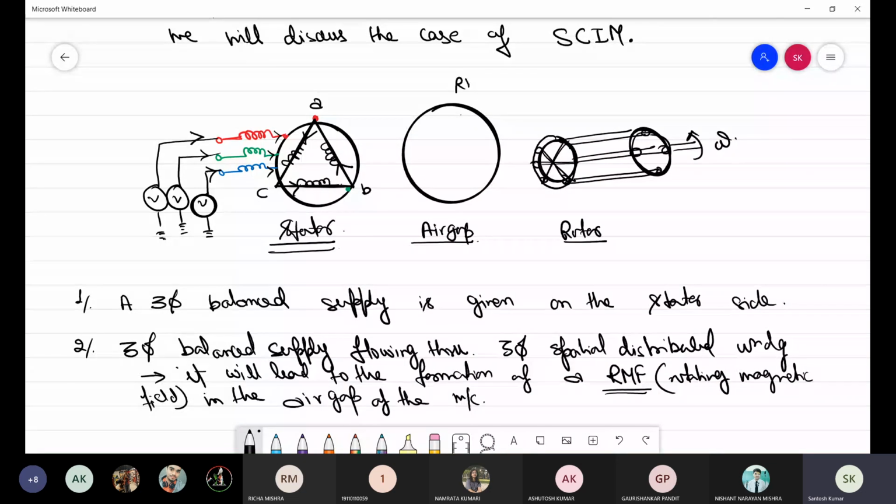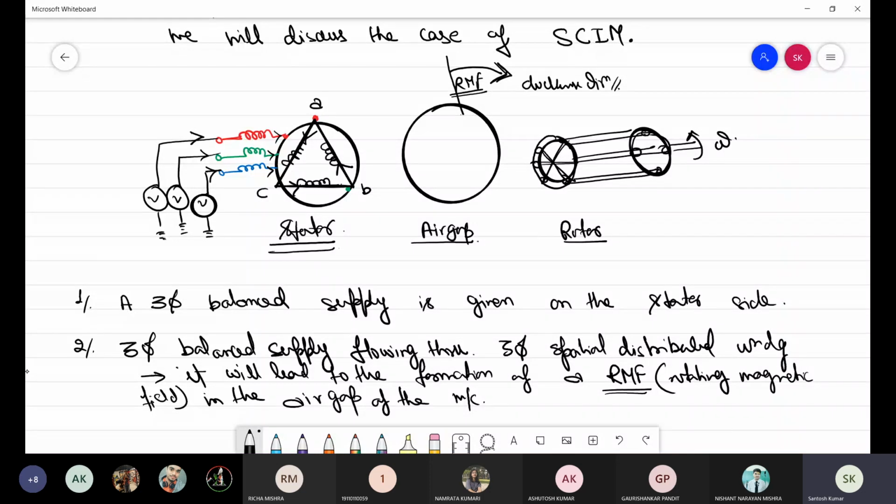So this rotating magnetic field is rotating. If it is rotating, then it will have a particular direction of rotation. Let's suppose it is rotating in the clockwise direction. Now it will have a speed also.